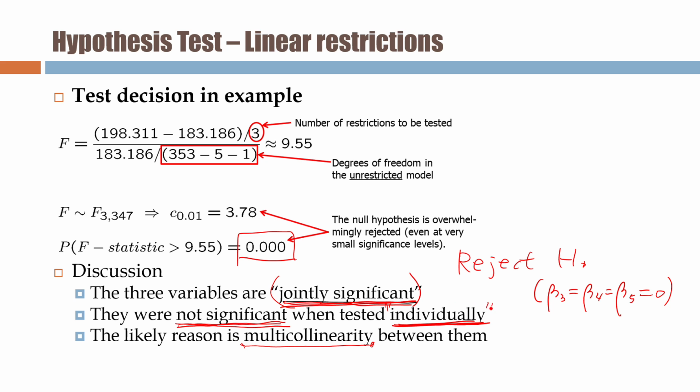If only one of them were significant and the other two not, you would have one significant individually, but it's not. So each one of them is not significant, but jointly they are significant, which means they have some kind of effect on the salary.